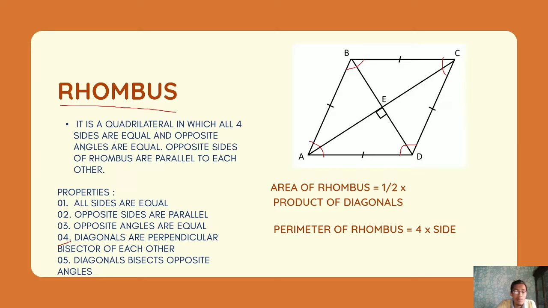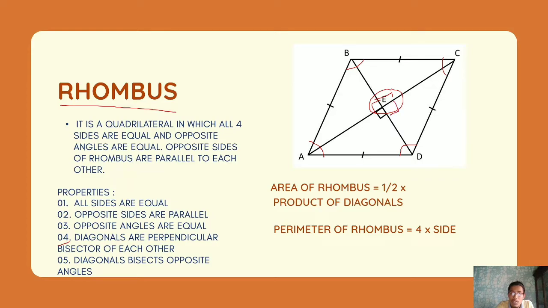Now fourth property, it is again an important property. The diagonals are perpendicular bisectors of each other. So this diagonal BD and diagonal AC are perpendicular bisectors. Diagonal BD intersects diagonal AC at point E, and this intersection has led to the formation of a 90-degree angle over here.